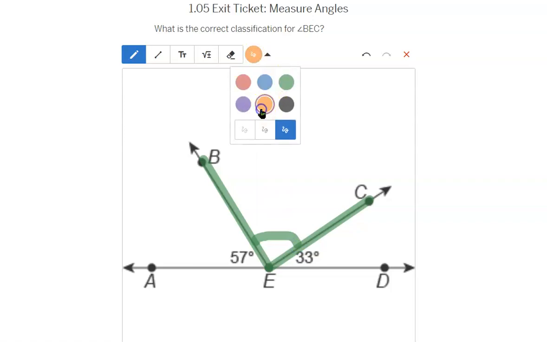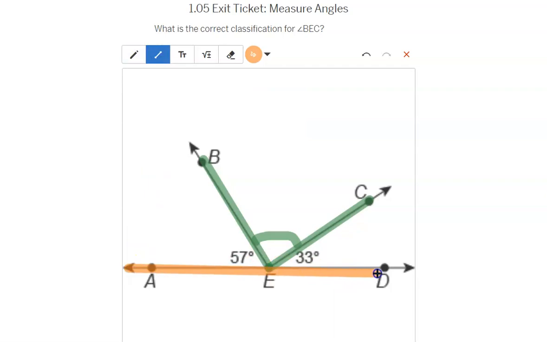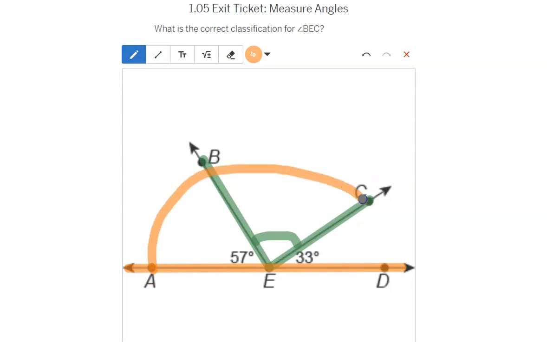One of the things that I can determine is that this is a straight angle, which means that this entire thing measures 180 degrees. So I can say 180 degrees is equal to 57 plus 33 plus E.